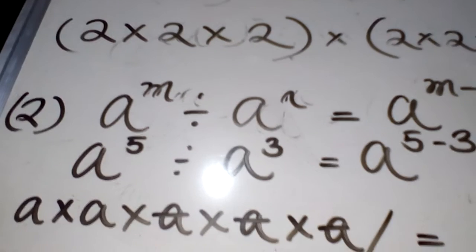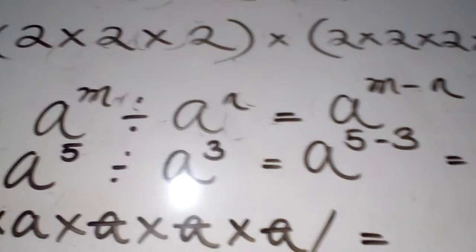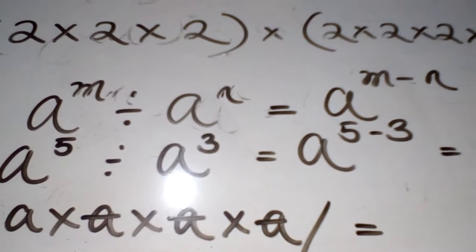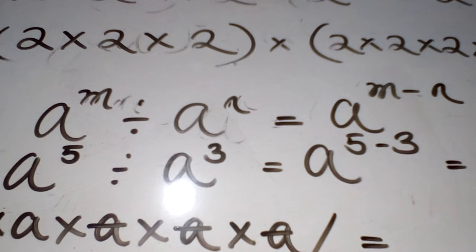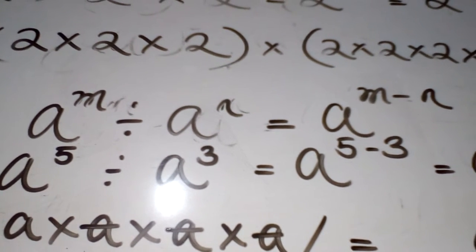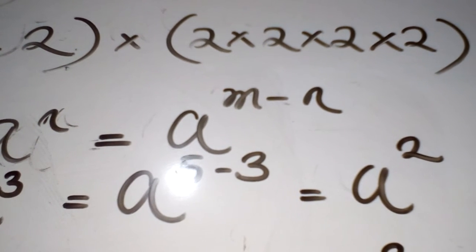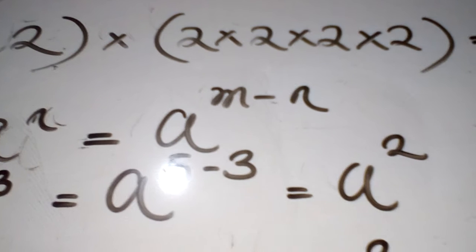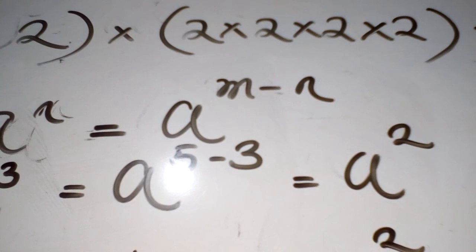Let's go to rule number 2. This explains the law that you follow when you're dividing indices. In this example, you've got a to the power m divided by a to the power n. Basically, what you do is the opposite of multiplying: instead of adding the two indices, you subtract the second index from the first index.